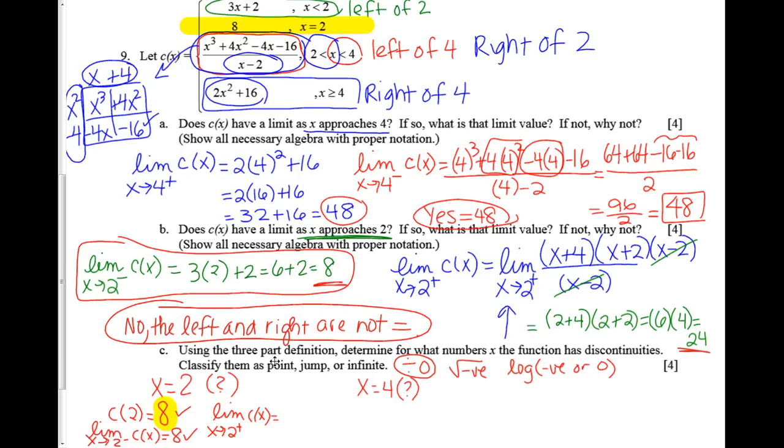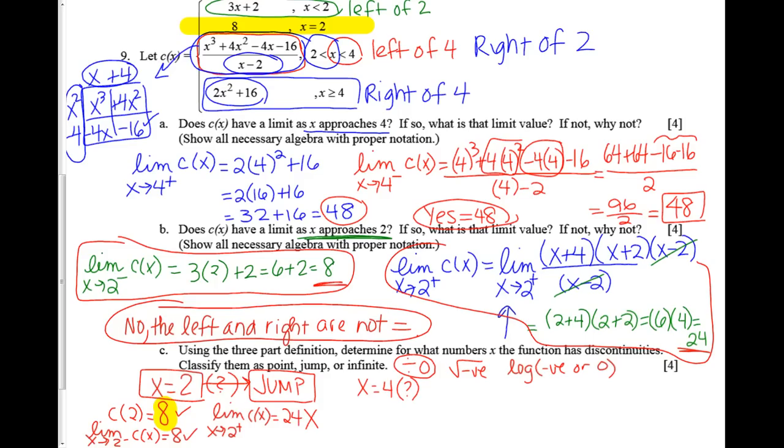Well, I did that over here, and for that one, I got 24. So this is where I fail. So this is a discontinuity at x equals 2. And what type of discontinuity is it? Well, I go from 8 to 24, so that's going to be a big jump. So that's a jump discontinuity.